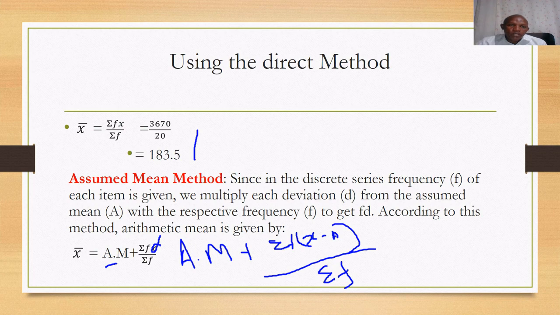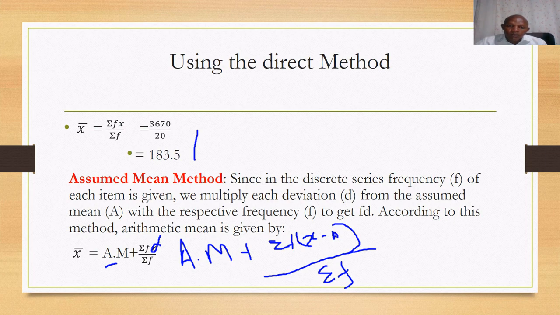But if we are using the assumed mean method, then it will be assumed mean plus summation of f in brackets deviation from assumed mean, which I'll call x minus a.